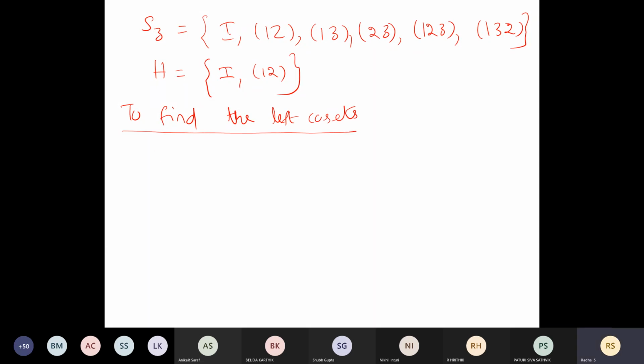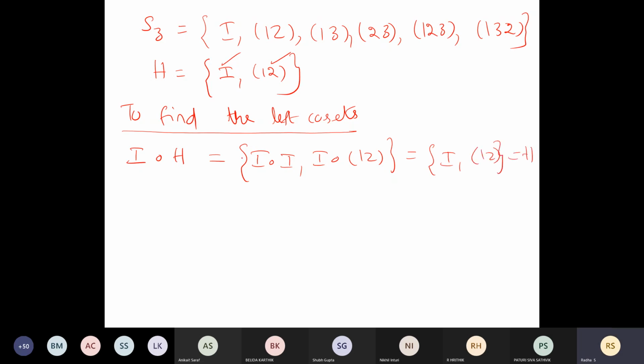I told you already, right? What you do is I composition H. What do you mean by I composition H? I will be operated with each and every element: I composition I, comma, I composition (1 2). So it is simply I, comma (1 2).